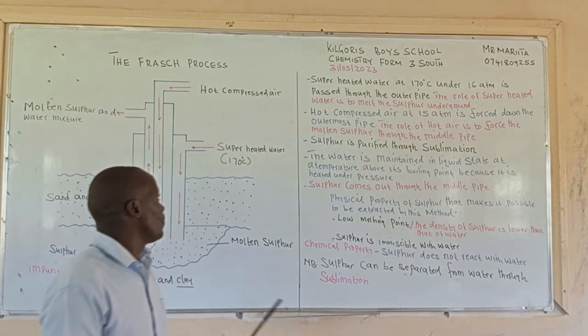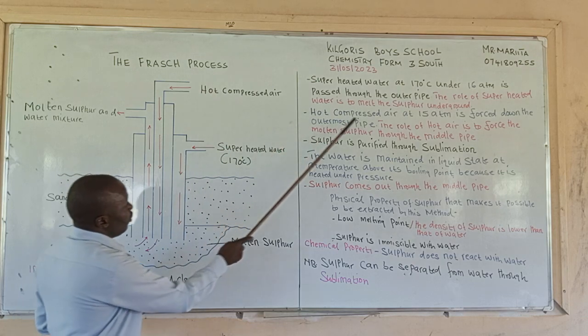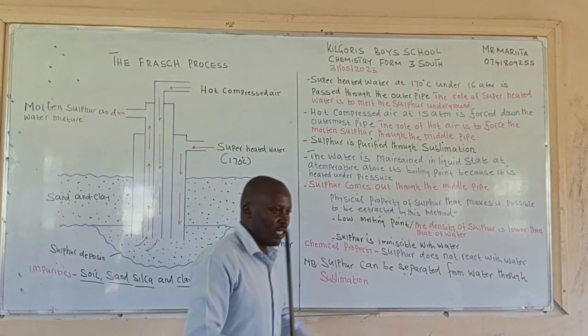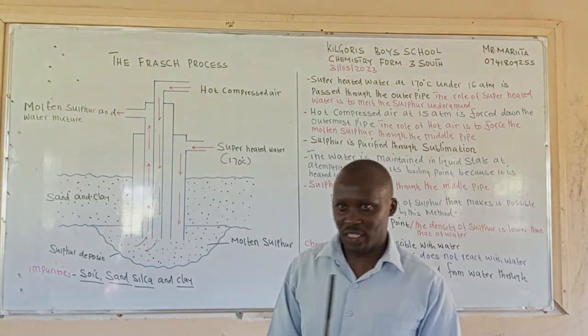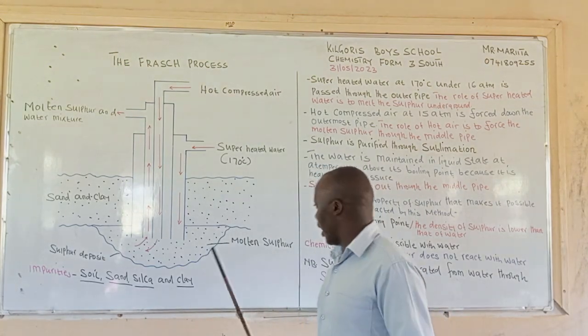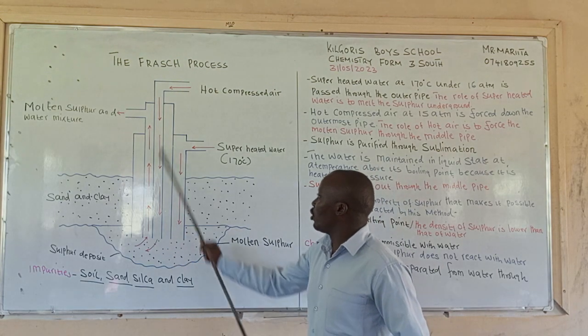Then we have the innermost pipe, with hot compressed air, which is compressed at 15 atmospheres. Now, what is the purpose of this hot compressed air? The hot compressed air is normally to force the molten sulfur through the middle pipe.